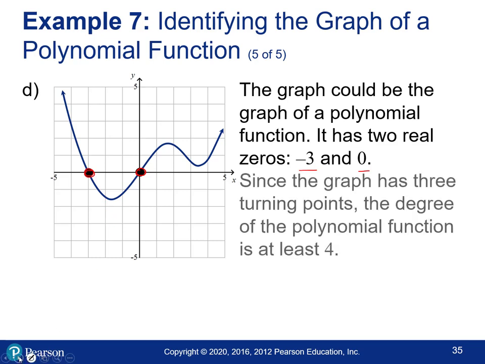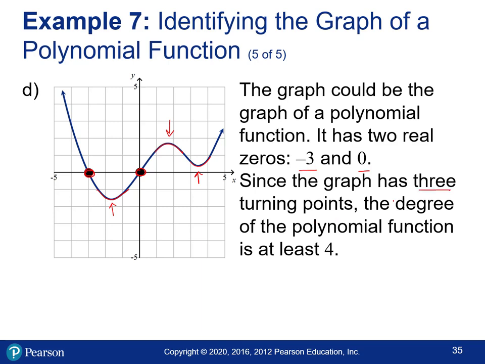So we're going to use the turning points. This graph has 3 turning points. Right here, we're going from down to up, decreasing to increasing. Right here, going up to down, increasing to decreasing, and one more, down to up, decreasing to increasing.